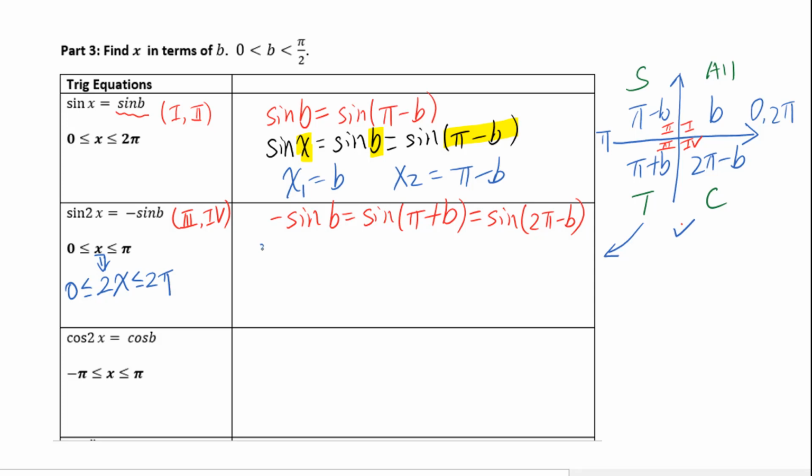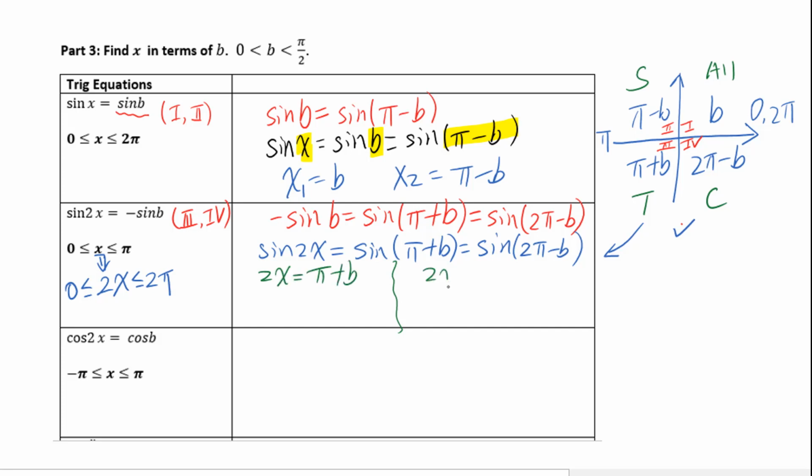So we write down sin 2x equals sin pi plus b, or sin 2 pi minus b, which means 2x equals pi plus b, or 2x equals 2 pi minus b.